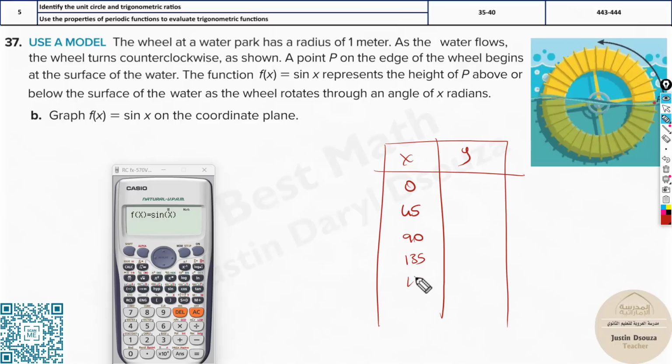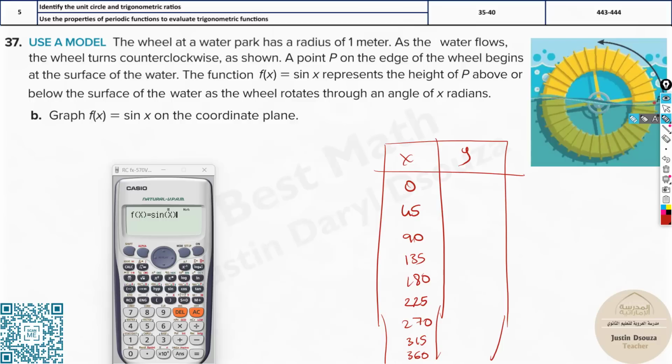It'll be 135, 180. You can also go with 0, 90, 180, and so on. It's up to you. It'll be 225 here. Then we have 270. And then it goes until 360, 315, and so on. That much only. I've just taken one period. So these are the values.